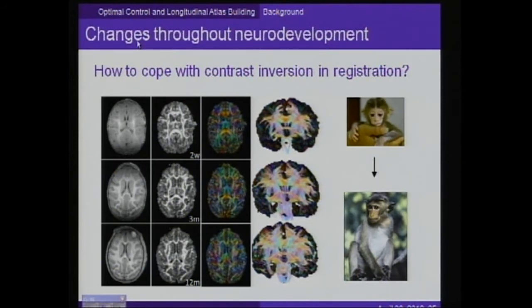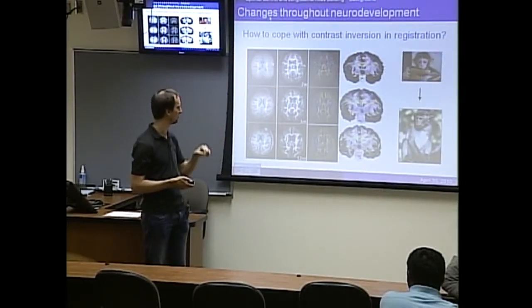So the middle one is what's called fractional anisotropy, which tells you something about how directed the diffusion is. If it's very bright, it pretty much means that you're in one of the major fiber bundles. And the one over here is color orientation information. So if it's red, it means diffusion goes from left to right. If it's blue, it goes from the bottom to the top. If it's green, it goes from the back to the front.